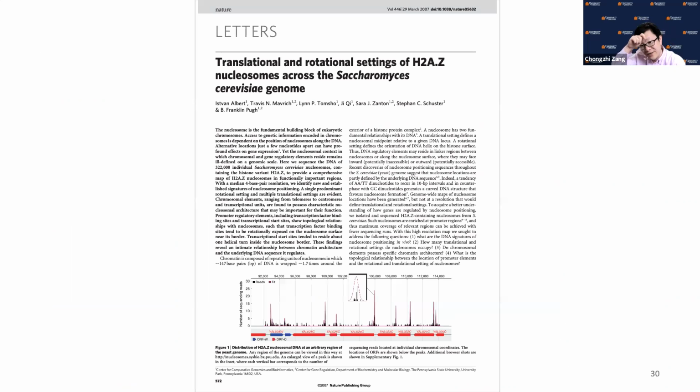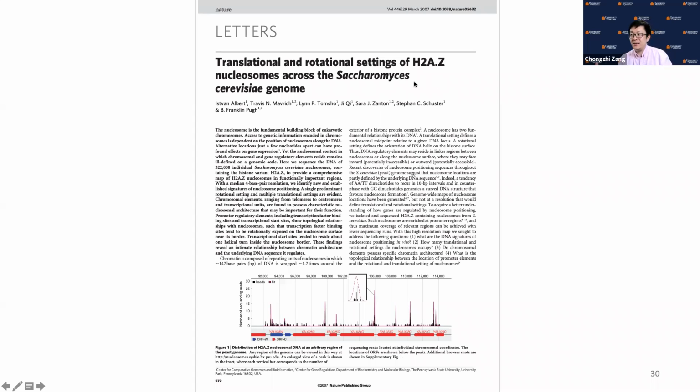However, sometime later, people realized that there is another work that was actually published a few months before the other two papers, in Nature. The Frank Pugh lab from Penn State used next generation sequencing to study the genome-wide distribution of a histone variant, H2A.Z, in yeast.